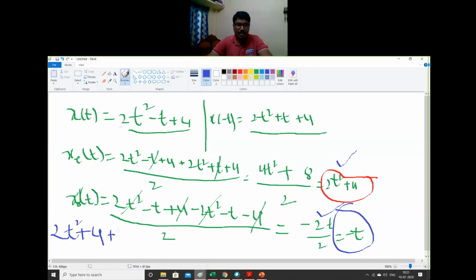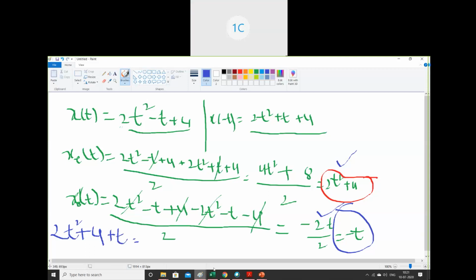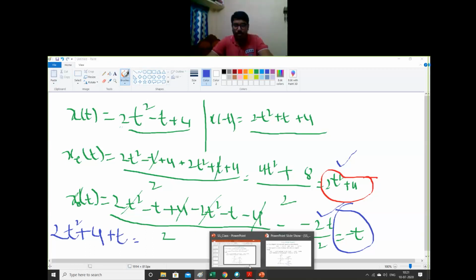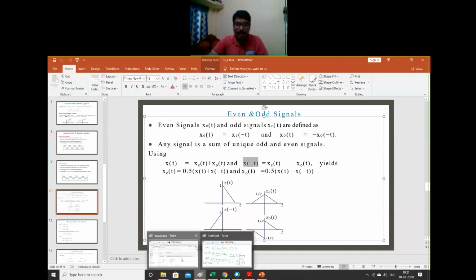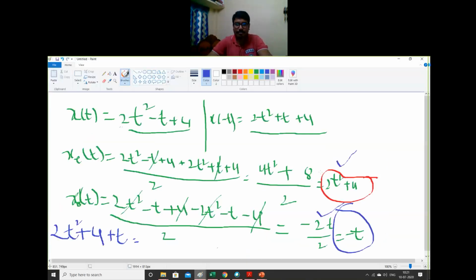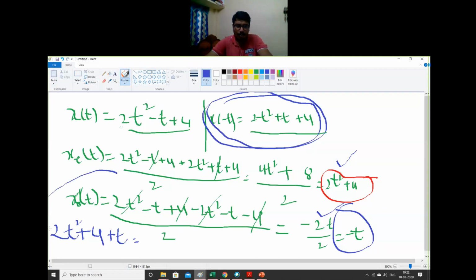So that should be equal to x(-t). Compare this part, x(-t), with the last one which I wrote here. Both are same or not? Please check these two.